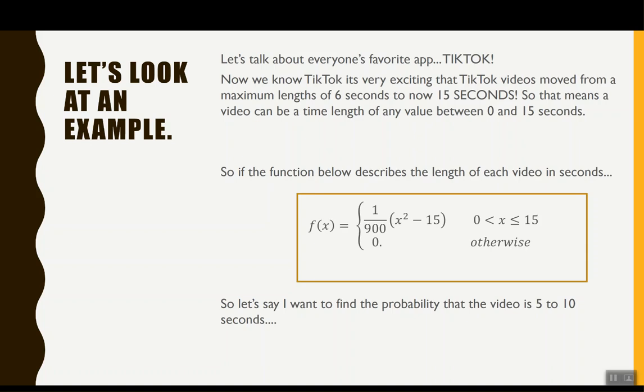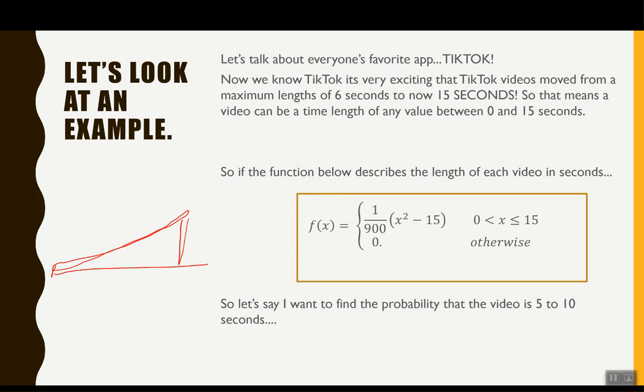So we can make a probability density function. For instance, just a guesstimate, but our probability function may look something like this from 0 to 15. So that would mean all the videos would be between 0 and 15. And one of our requirements for a probability density function is that the entire area underneath the curve equals 1.